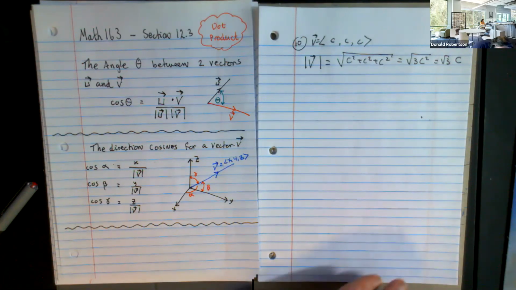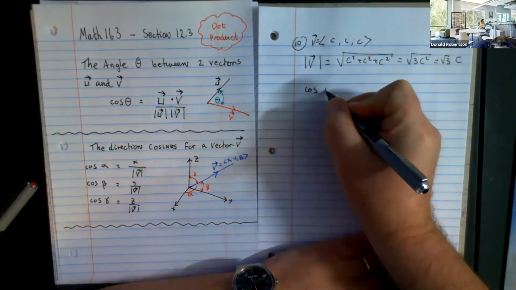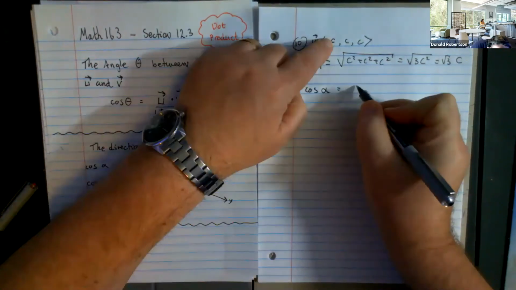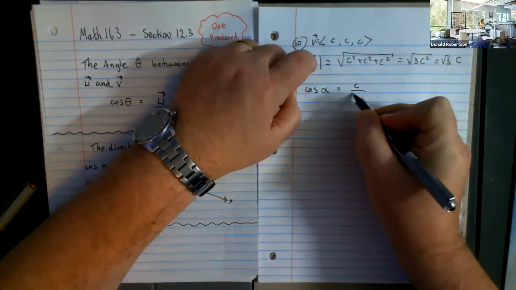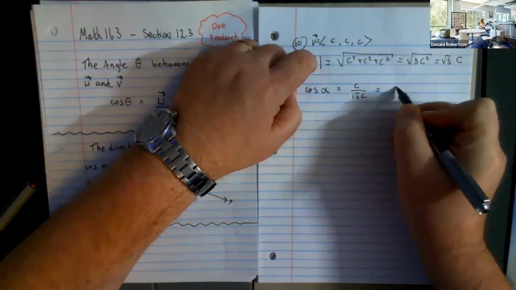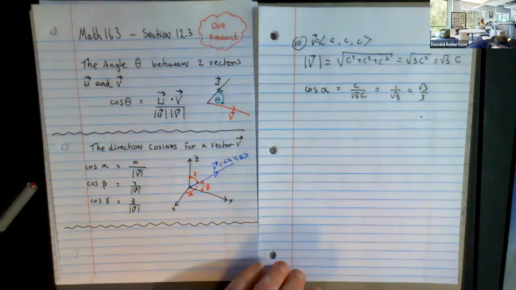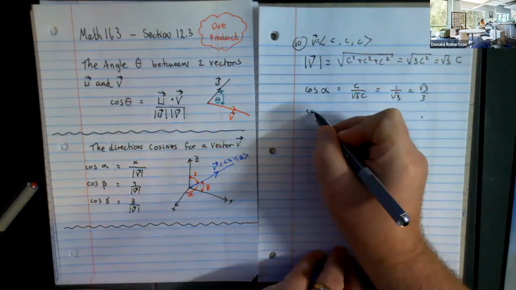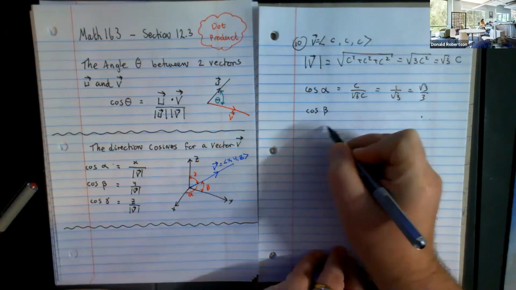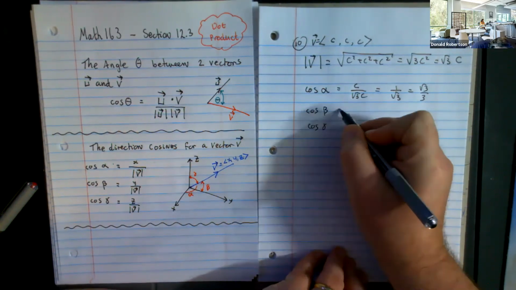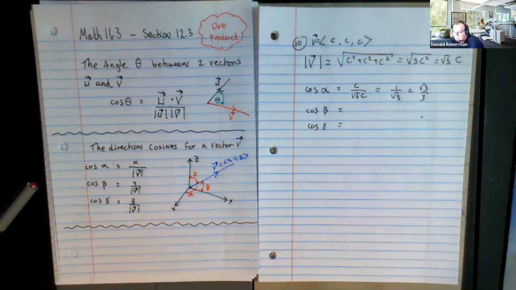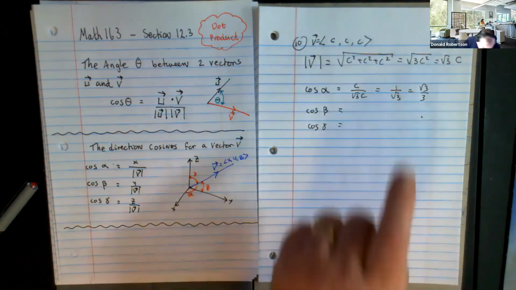Now, the cosine of alpha will be C over root 3 C, which ends up being that guy. I don't need to do any work for the other two. Would you agree that by symmetry, they will be exactly the same answer? You agree it's the same numbers divided by the same numbers.